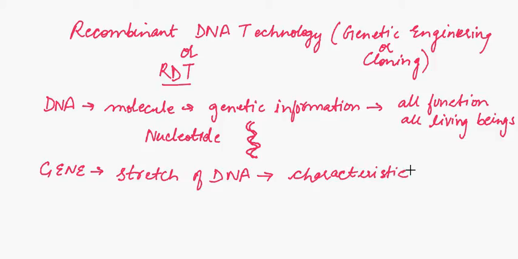Now this characteristic could be anything: your height, your eye color, your skin color, anything in your body. Any characteristic in your body is due to a particular kind of gene or a particular sequence of DNA which has that information for that particular characteristic.